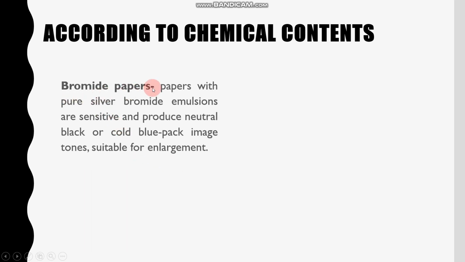The bromide papers with pure silver bromide solution, ito yung usually ginagamit, are sensitive and produce neutral black or cold blue black image tones suitable for enlargement. It is a fast printing paper coated with silver bromide used mostly for enlargement.